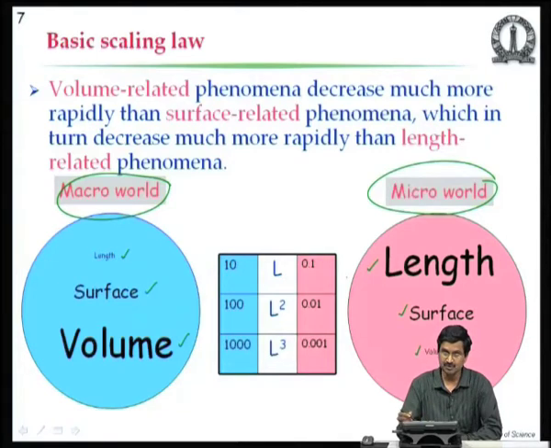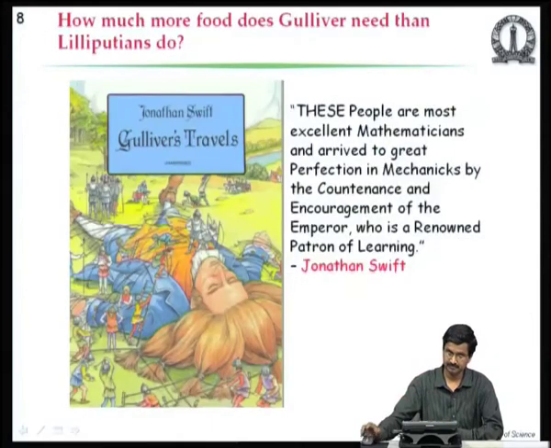So, anything to do with length related phenomena is going to be dominant at the micro scale, and then comes surface and then volume, and the reverse is true at the macro scale, where volume related phenomena is going to be very influential, surface less influential, and length related phenomena will be least influential. This is the basic scaling law that we should keep in mind as we discuss the modeling related to microsystems.